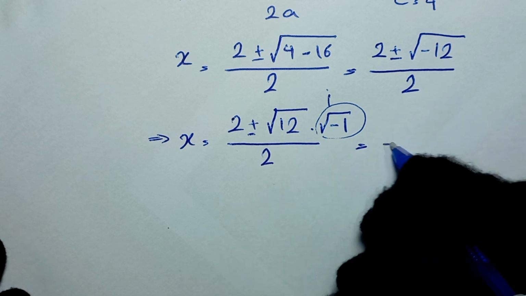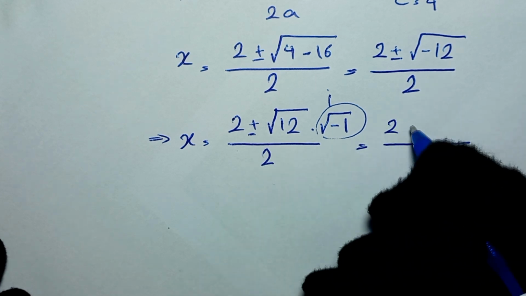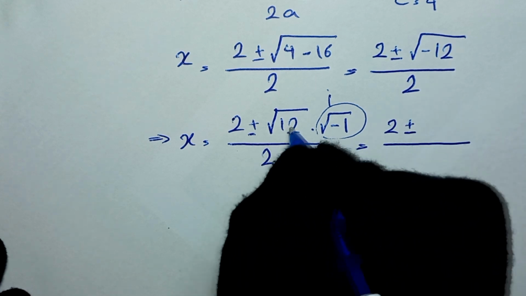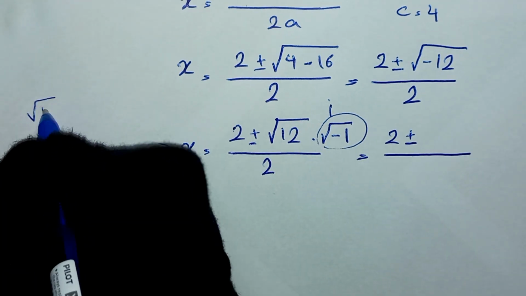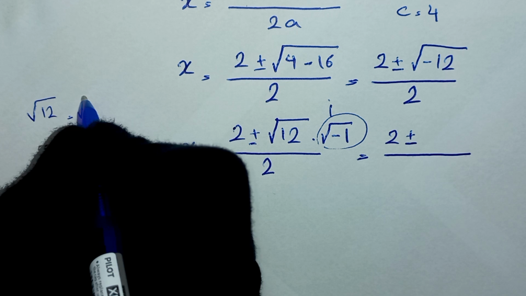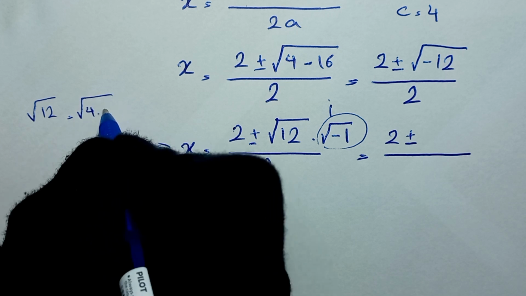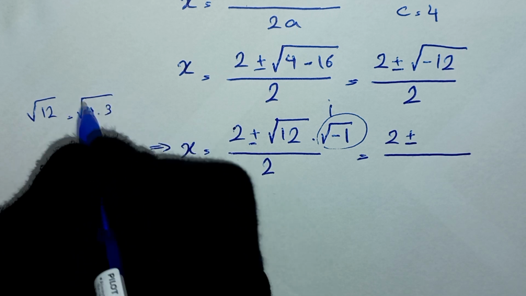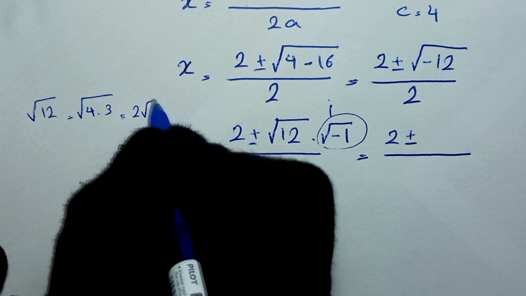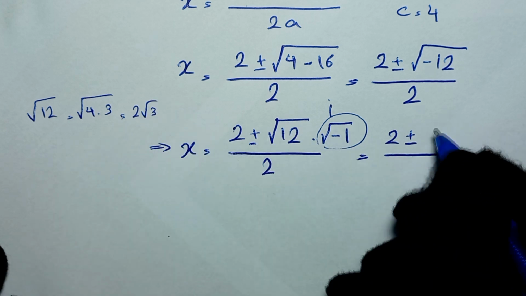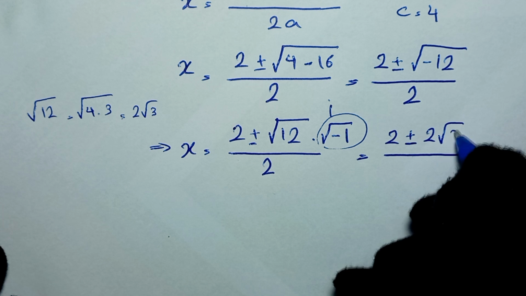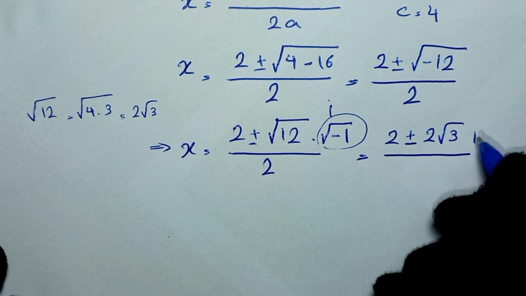We can write 12 as the square root of 4 times 3, and the square root of 4 is 2, so it will be 2 square root of 3, right? So here the square root of 12 will be 2 square root of 3 times i over 2.